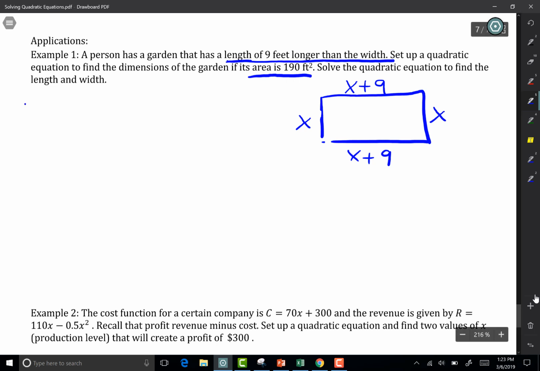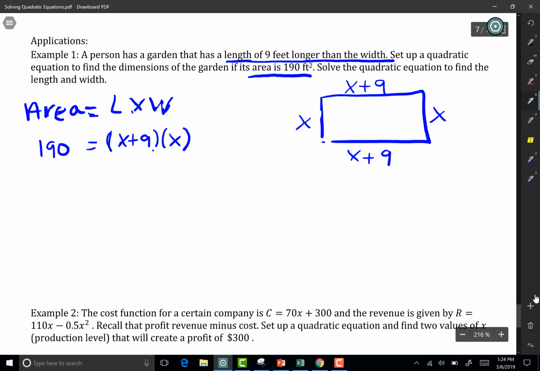So to set up our equation, since they give us the area, we can use that. We know that the area of a rectangle is length times width. In this case, my length is x plus 9, and my width is x, and my area is 190 feet squared.